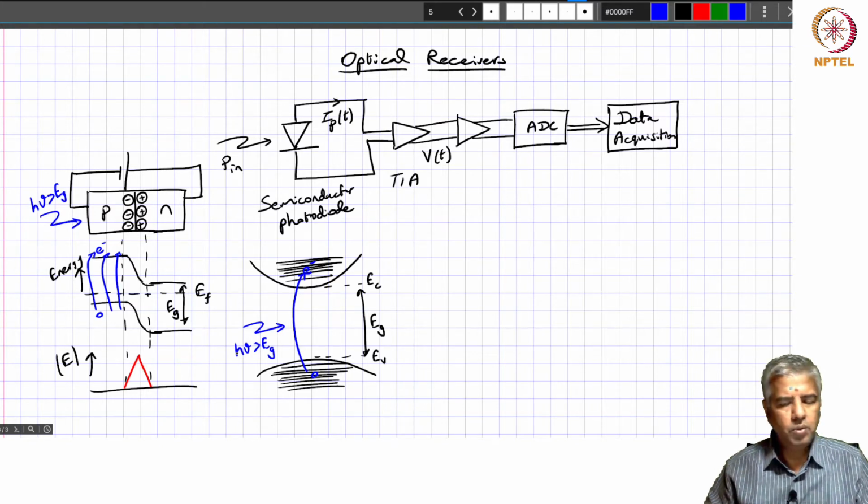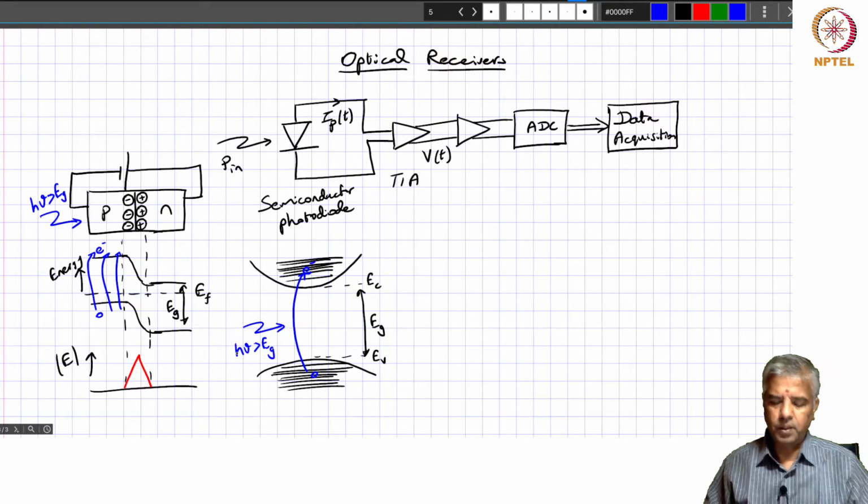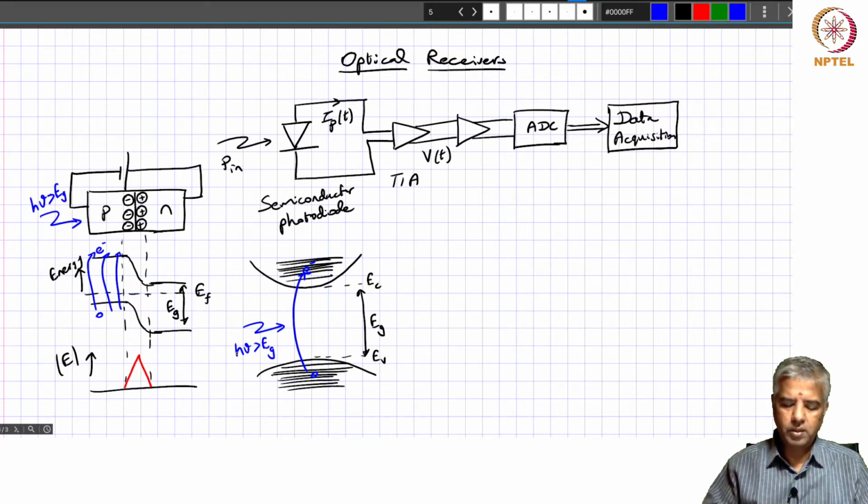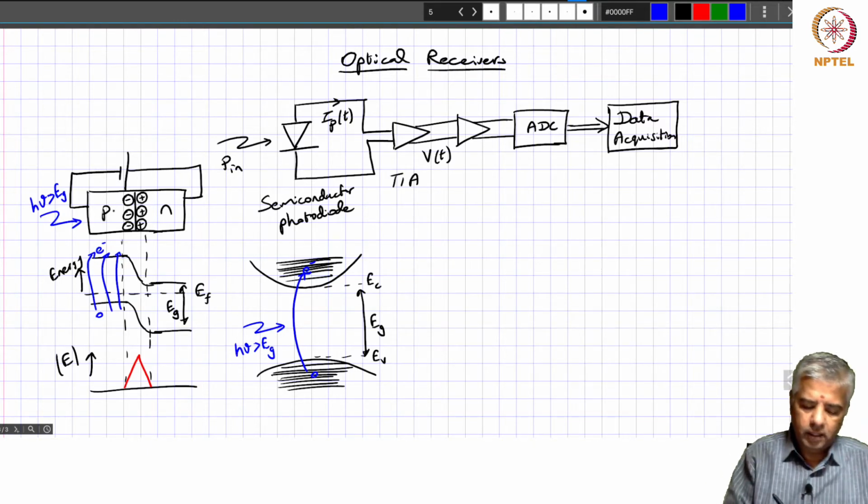So now we need to see how the process of converting this to a photocurrent happens. Now you have these photons that are streaming in and falling on the material, and that generates electron hole pairs.